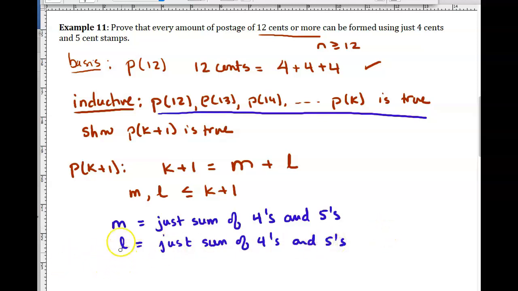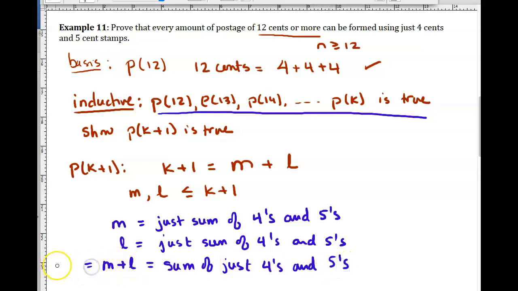Because M is formed out of just 4s and 5s and L is formed out of just 4s and 5s, if I add these up, M plus L is going to be a sum of just 4s and 5s. And M plus L is my k plus 1.